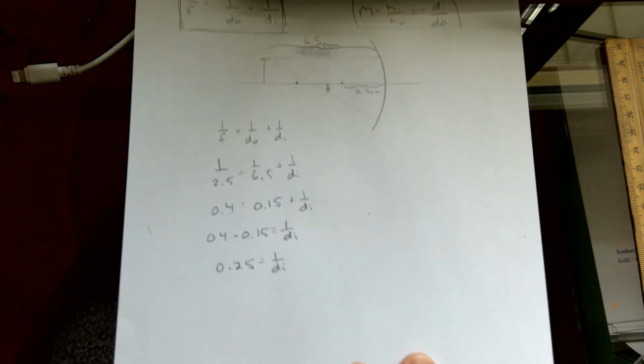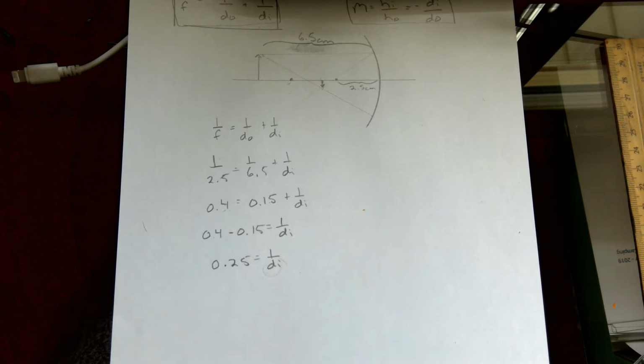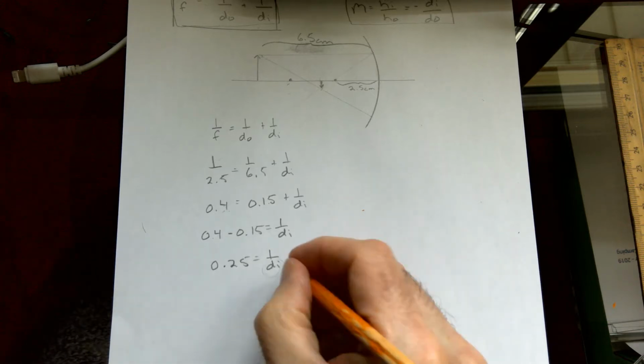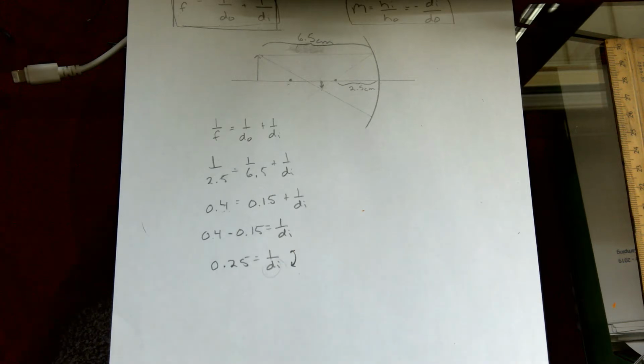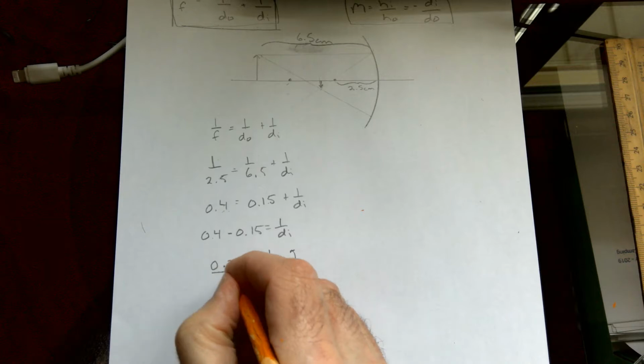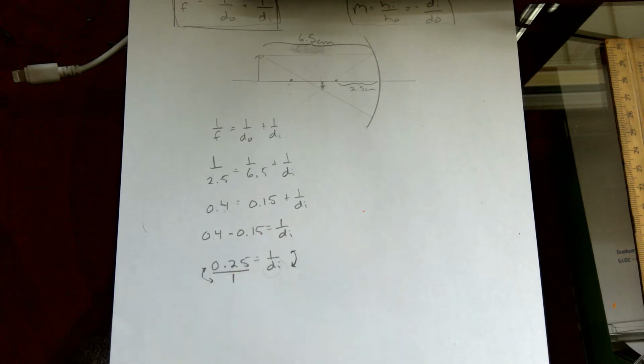Now, whenever you're using this equation, we can't solve for a variable when it's on the bottom. So what we have to do is flip this. The rule in math is whatever you do to one side of the equation, you have to do to the other. So you imagine that 0.25 is the same as 0.25 over 1, so you flip both sides.